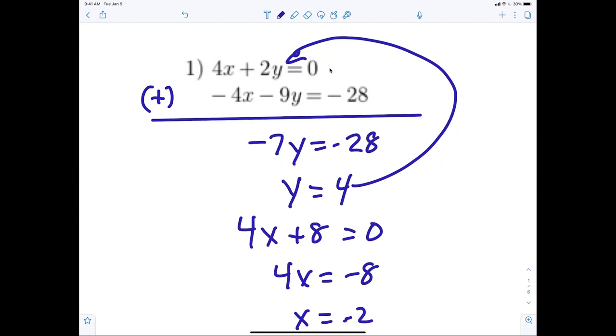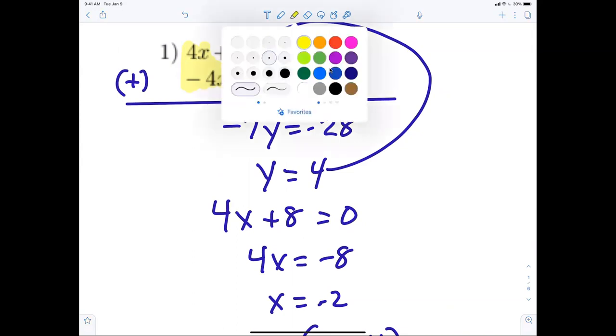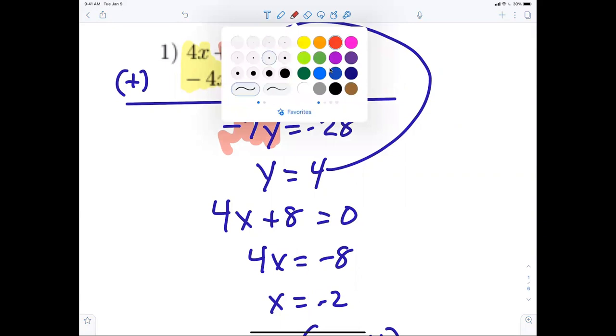What does this equal right here? 0. What does this equal? Negative 7y. What's 0 plus negative 28? Negative 28.